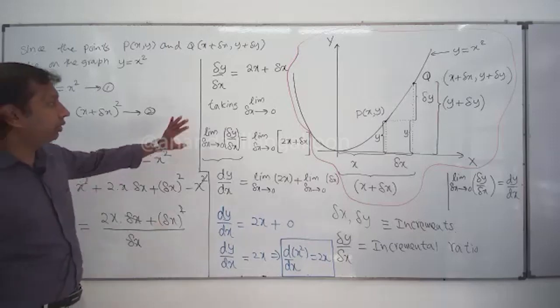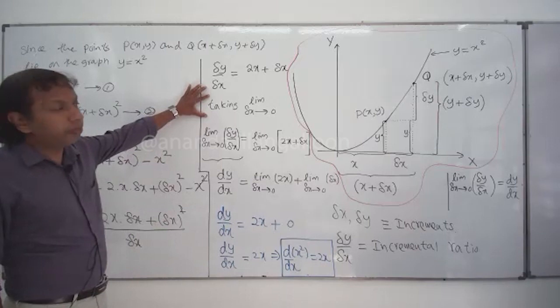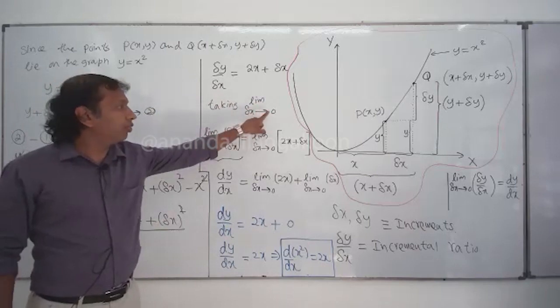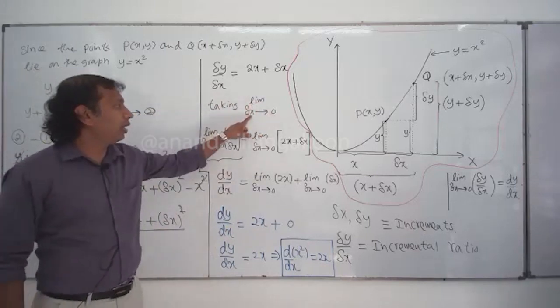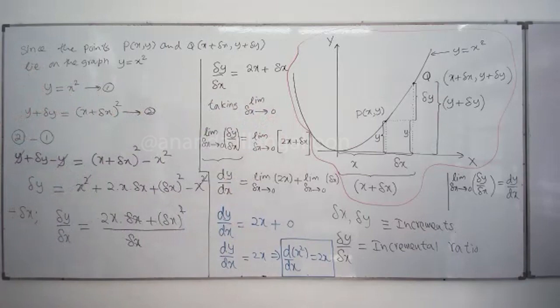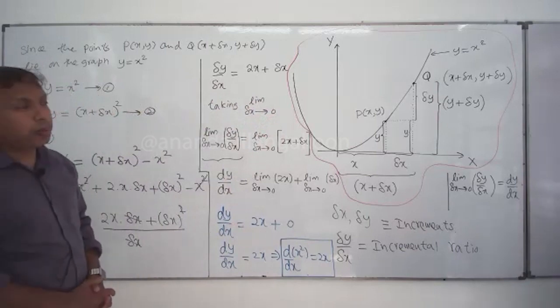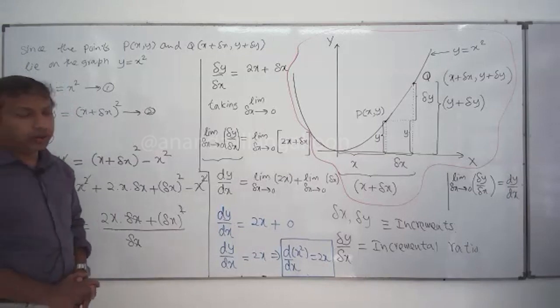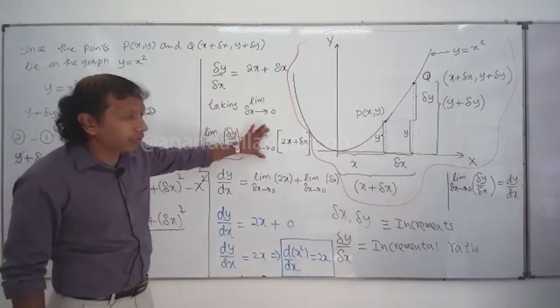Now write down under that, after that, take the limit delta x tends to 0 on both sides of the above result, right, people? This and this.